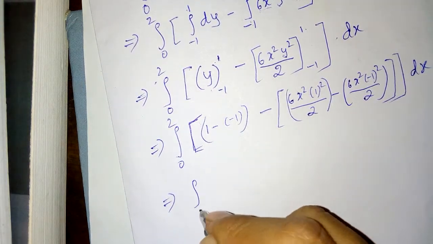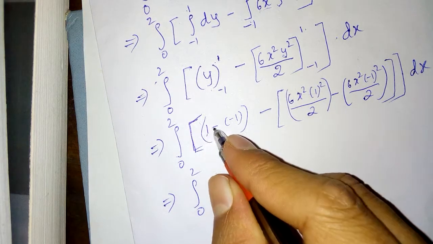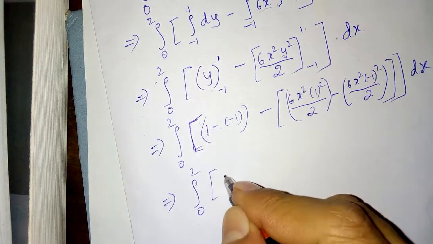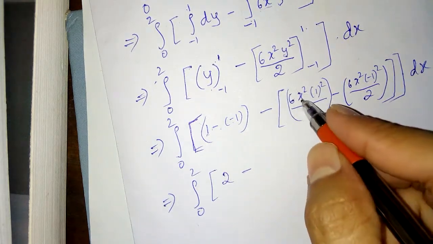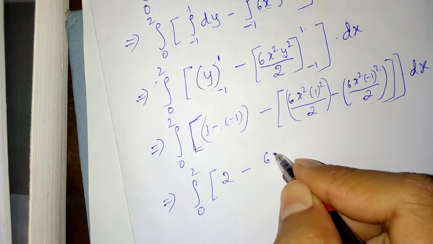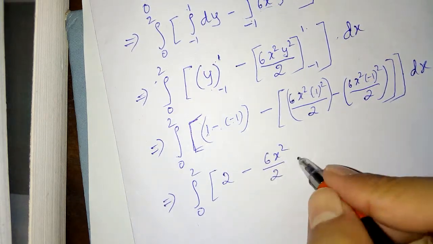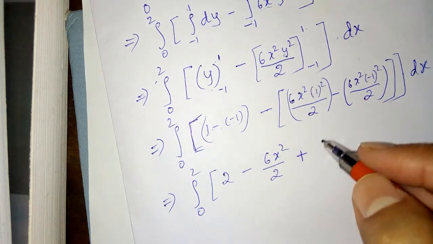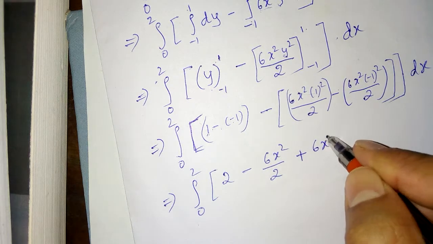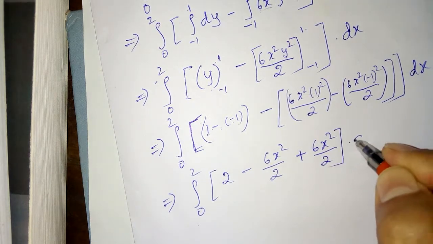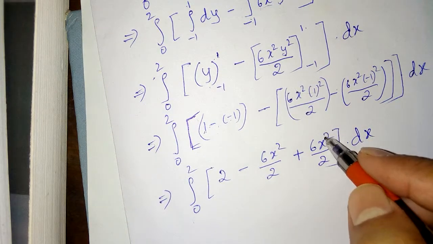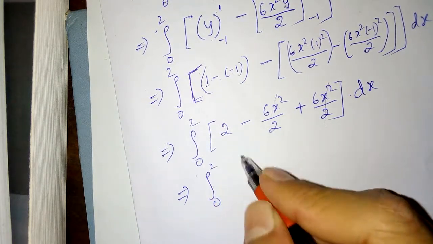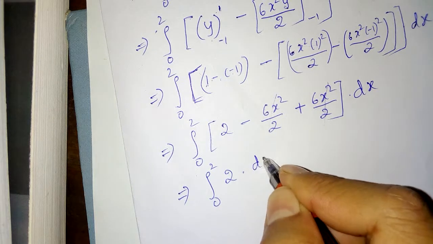Now 1 minus minus 1 is 1 plus 1, that is 2, minus 6x squared divided by 2, minus, here minus into minus becomes plus 6x squared divided by 2, dx. Now this cancels. Then from 0 to 2 there remains 2 dx.